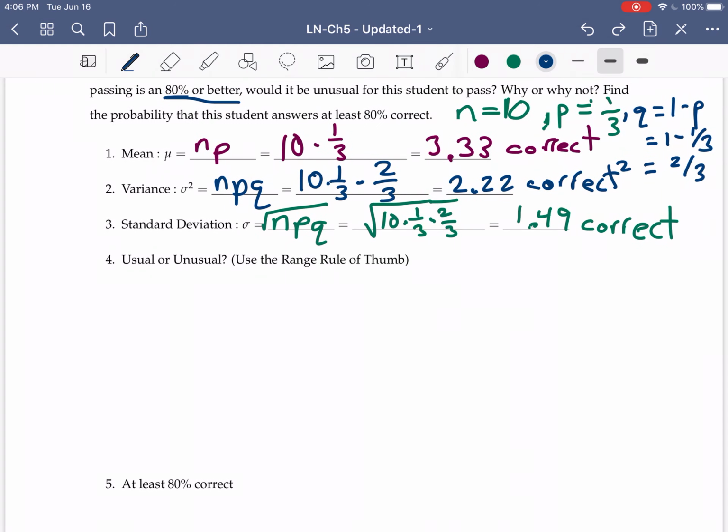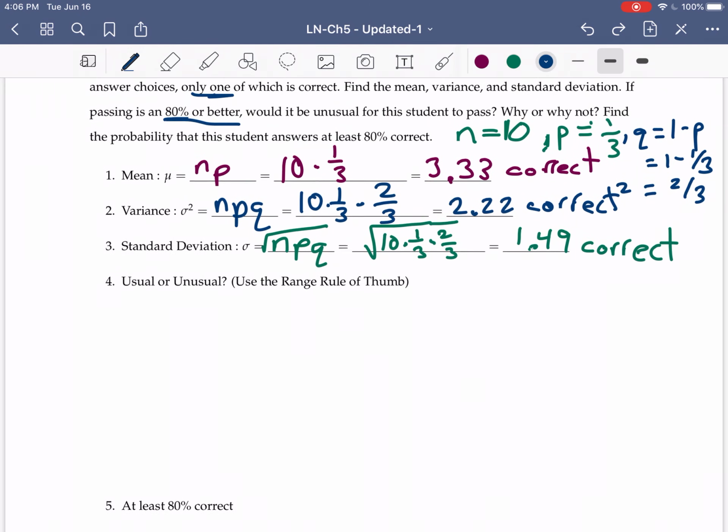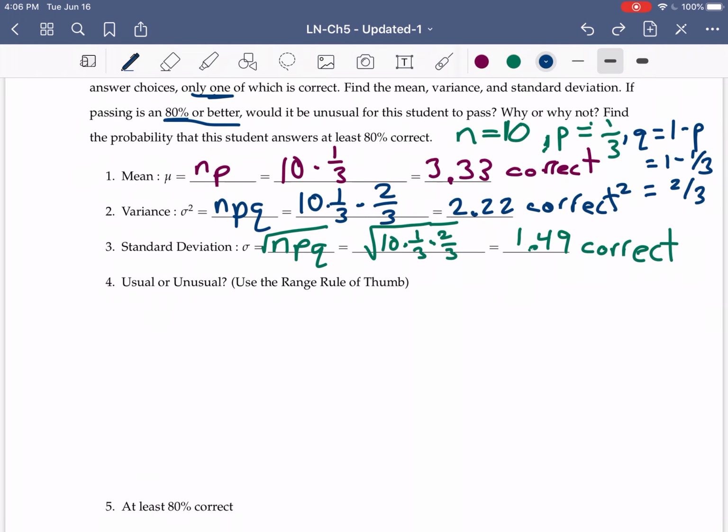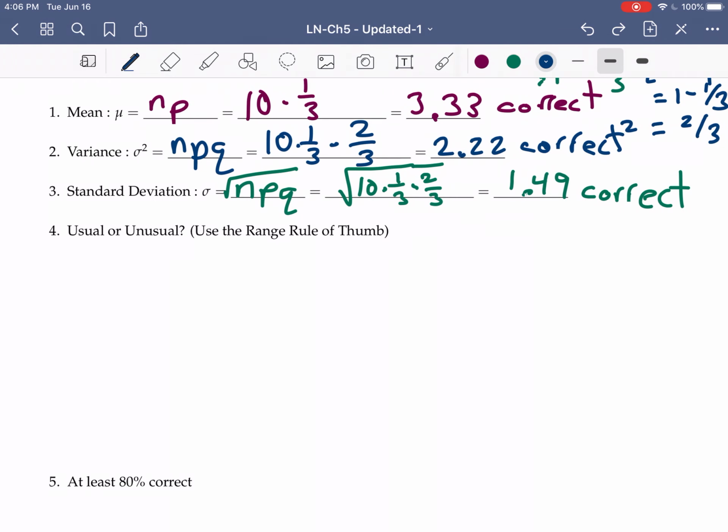We then want to know, would it be unusual for the student to pass? Is that unusual? We're going to use the range rule of thumb. The range rule of thumb says we're going to take the mean plus 2 times the standard deviation.